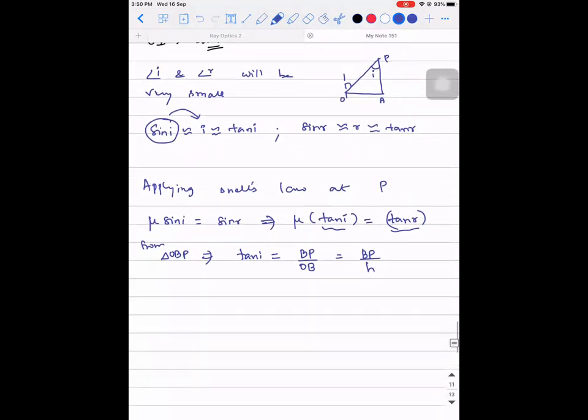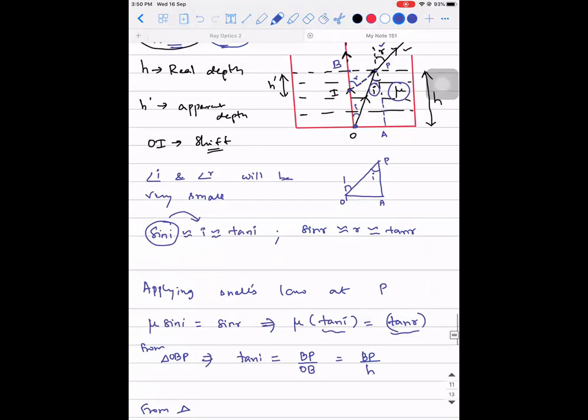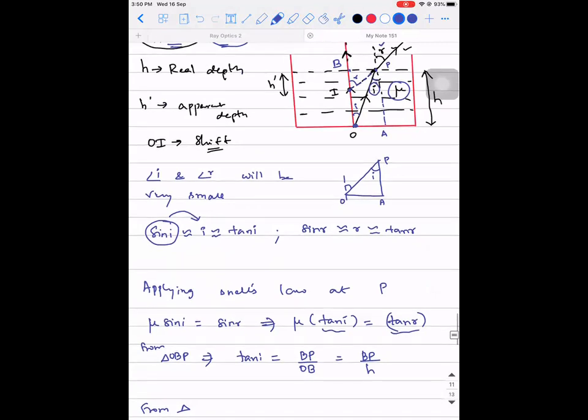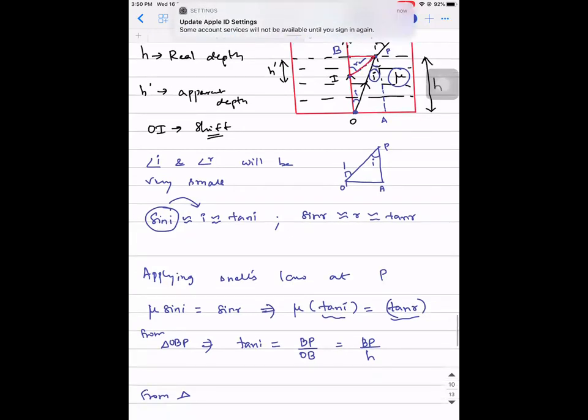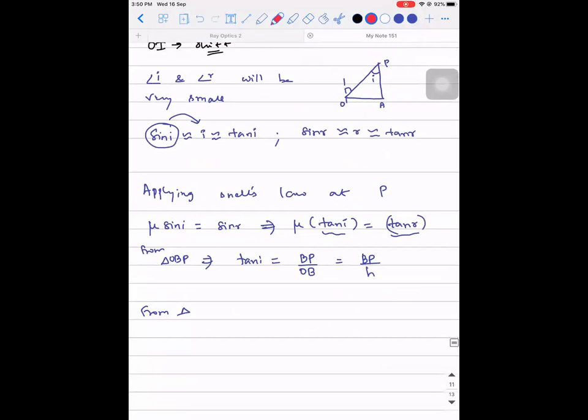Similarly, what is the other right angle triangle you are able to find? Triangle IBP, because I told you need to involve angle R. You're able to see the small right angle triangle. I'll mark it with red color. So triangle IBP, what can you say?